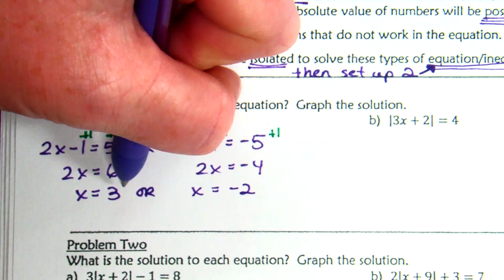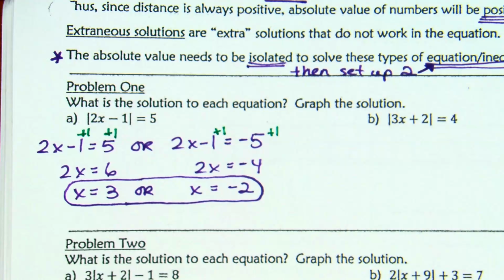Now, again, I'm not a crazy big fan of graphing this, but we still need to talk about it. It officially said to graph this. How do you graph x equals 3 and x equals negative 2? Two dots? Yep.